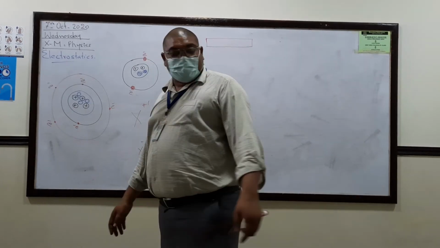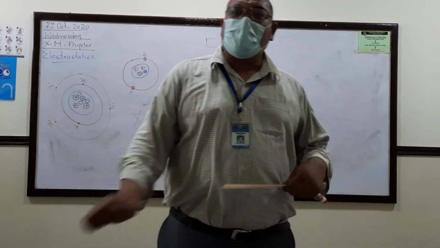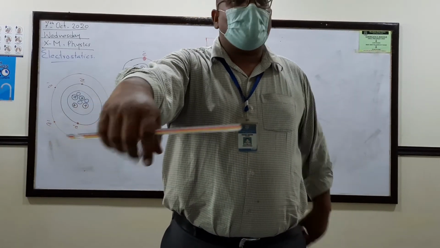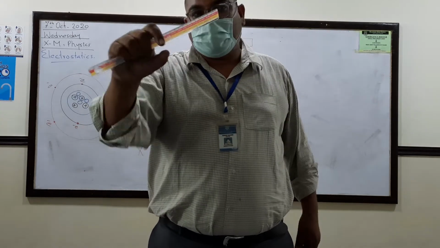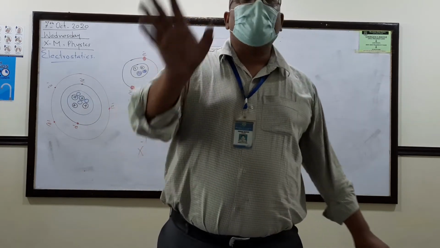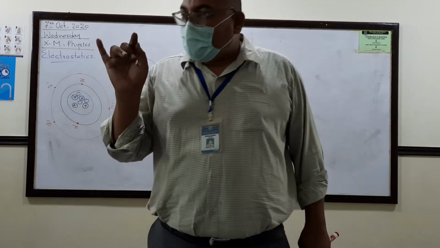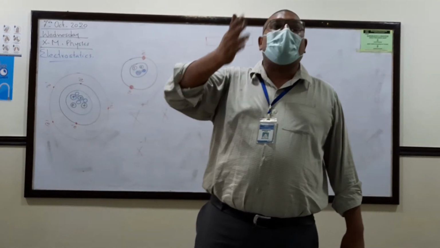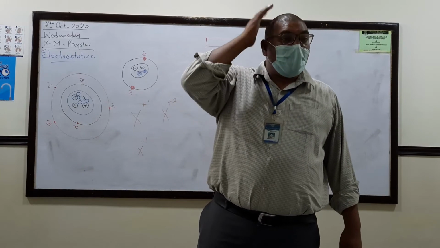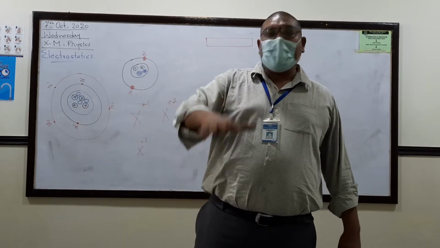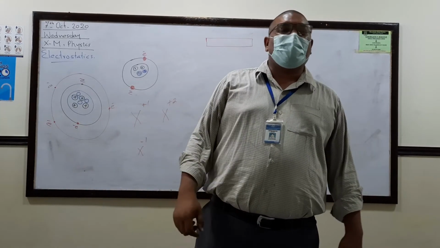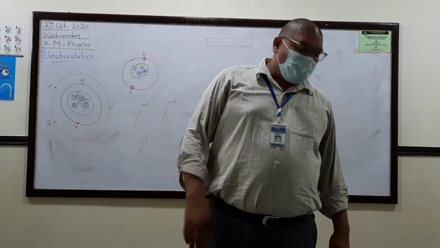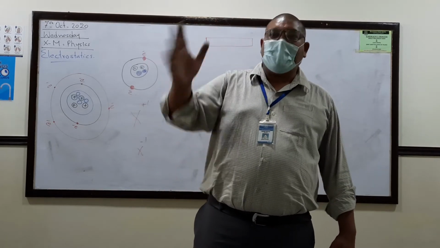If you take this scale directly without rubbing, the pieces of paper will not be attracted. They will be attracted only when you rub the plastic rod or scale in your hair and then bring it near. You might have done this at home or in your previous classes.